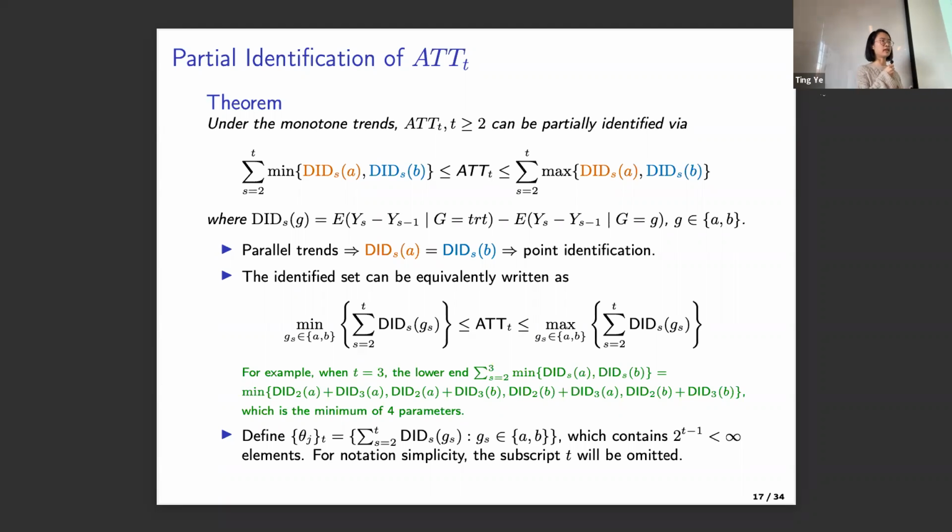In general, we summarize this inference problem as having a set of bounding parameters denoted by theta t. This will contain 2 to the t minus 1 elements, which we consider finitely many. For notational simplicity, we will omit the t.